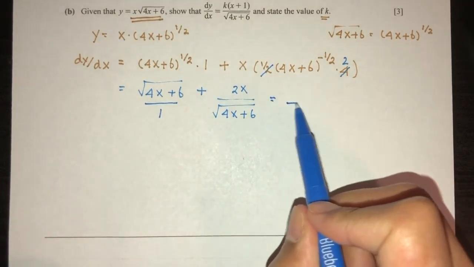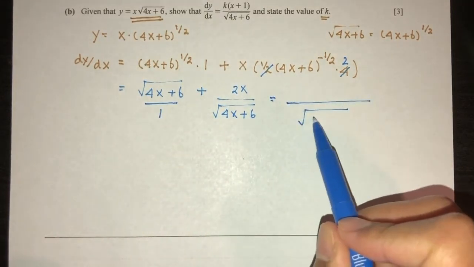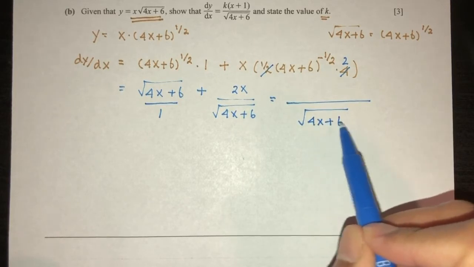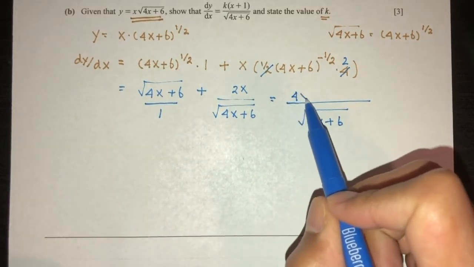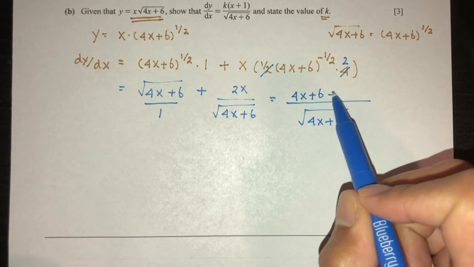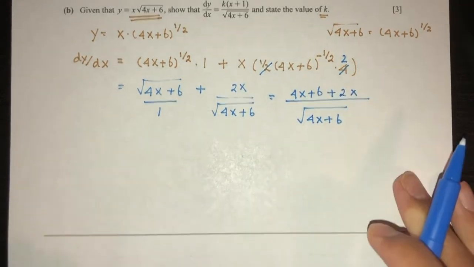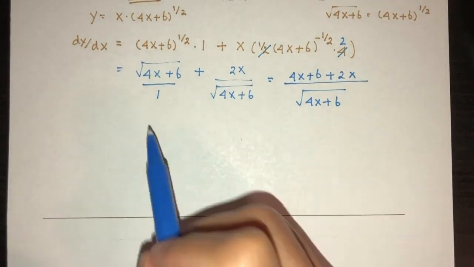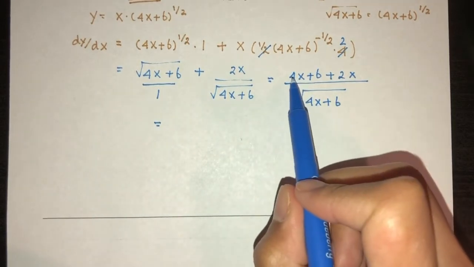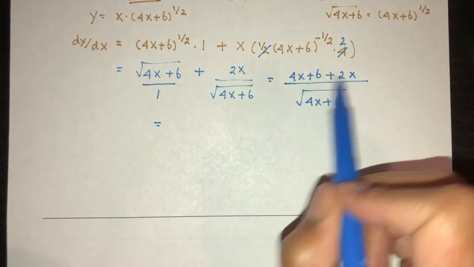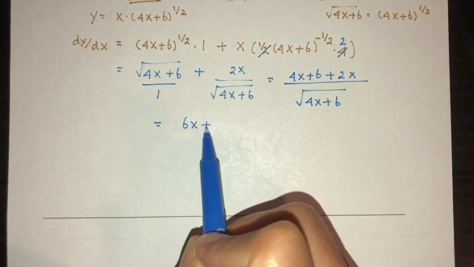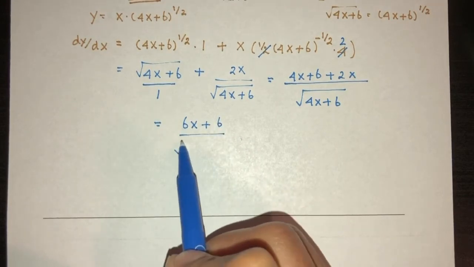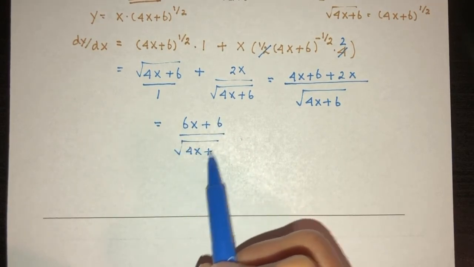We can make it become the same base. You will have this as 4x plus 6, and this will become 4x plus 6 plus 2x. Now I'll simplify again. That will give you 4x plus 2x will be 6x, and plus 6 divided by root of 4x plus 6.